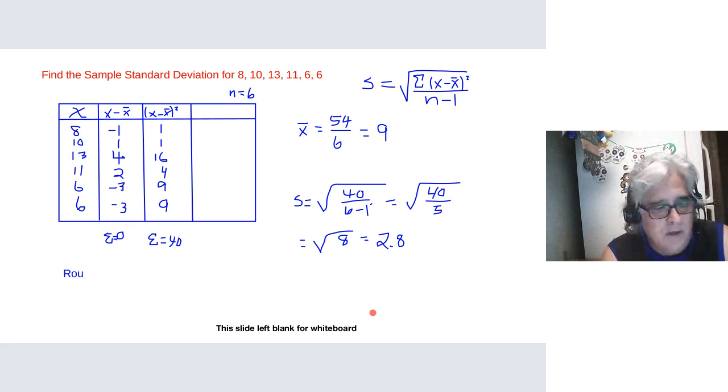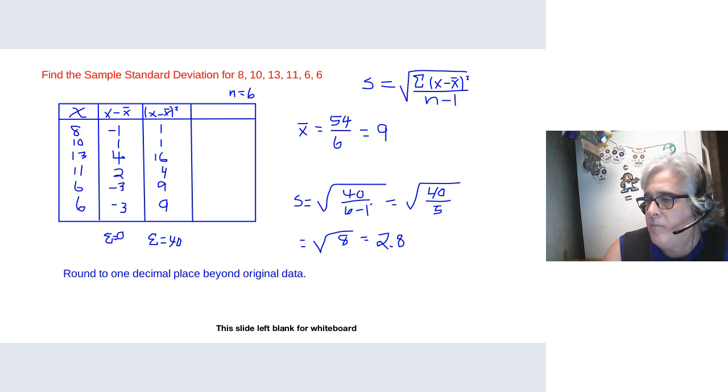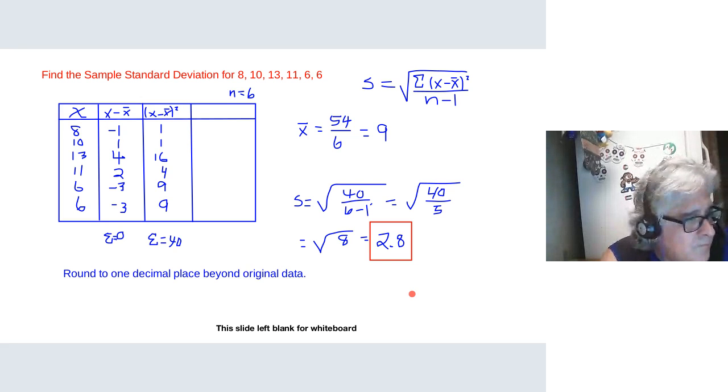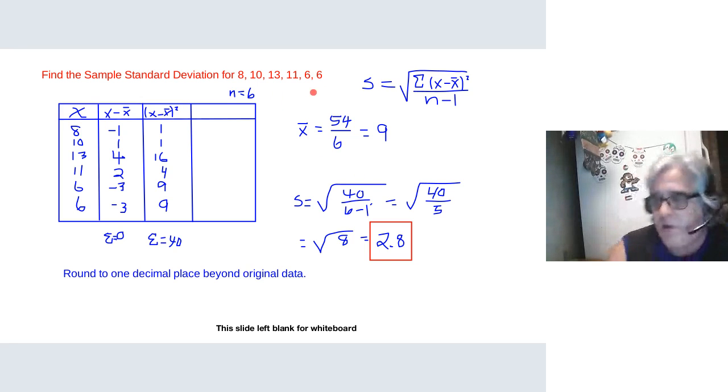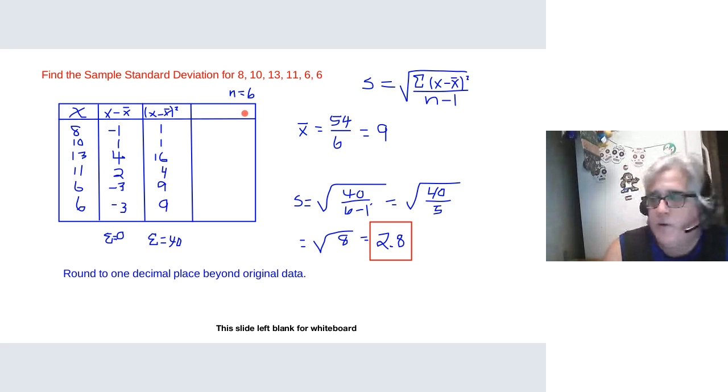In general, if you're not told what to round to, okay. So here is the sample standard deviation for that data right there. All right, any questions about that?